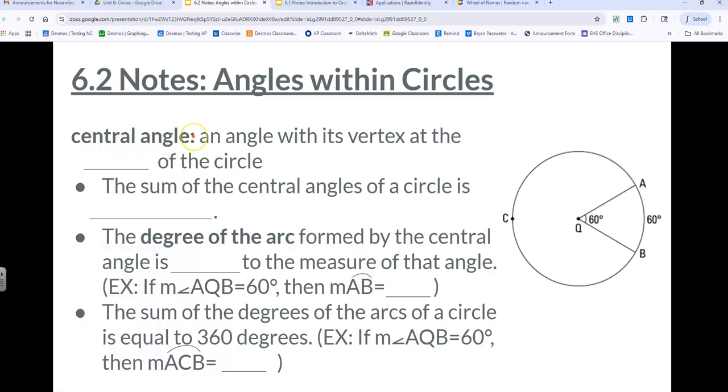Central angle, we just looked at the definitions for central angle. So it's an angle with its vertex at the center of the circle, right? We've already talked about that. So the vertex of the angle has to be at the center. The sum of the central angles of a circle is how many degrees in a circle? 360.